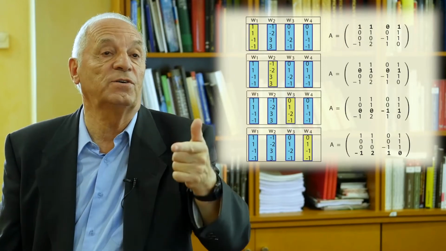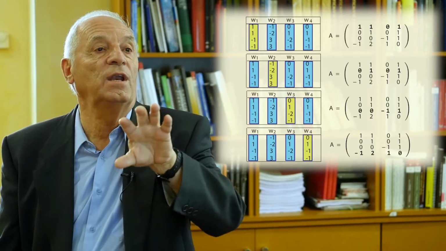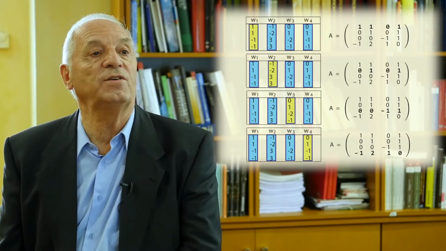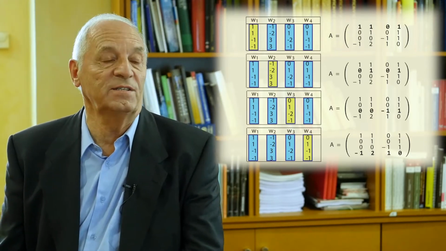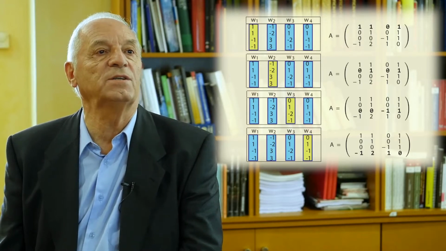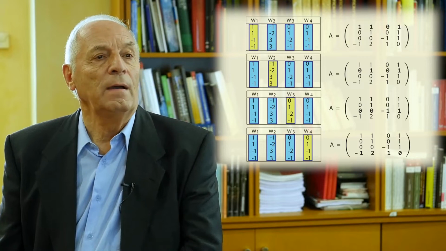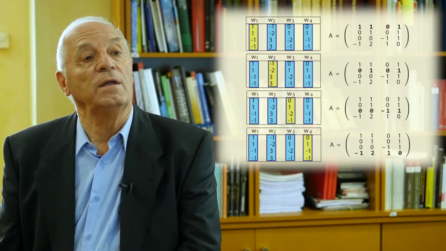You have the matrices on the right, you have the row vectors, and on the left-hand side, in blue color, you have the generators, really the basis, of the orthogonal subspace to each of these vectors.